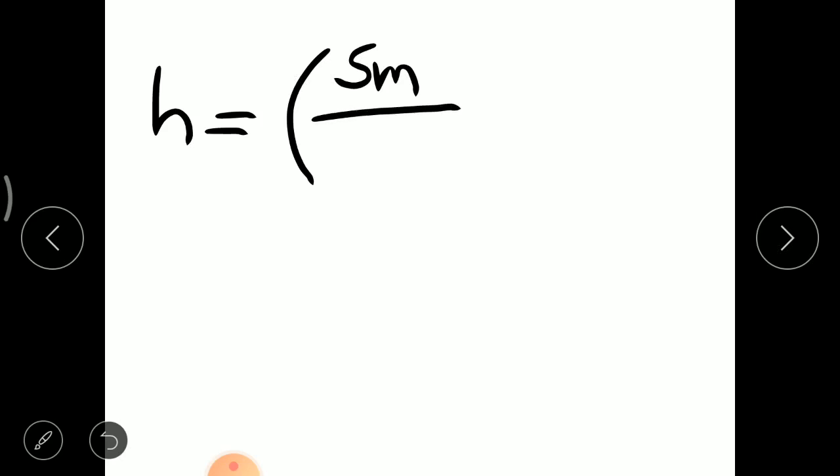After that, we will write the equation for the difference of the oil mercury gauge. The formula is H is equal to S of mercury, that is the specific gravity of mercury, divided by the specific gravity of the fluid flowing through the venturimeter, minus 1. This is in meters of water.